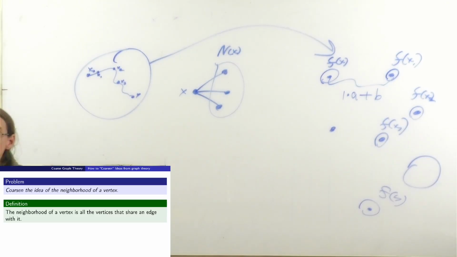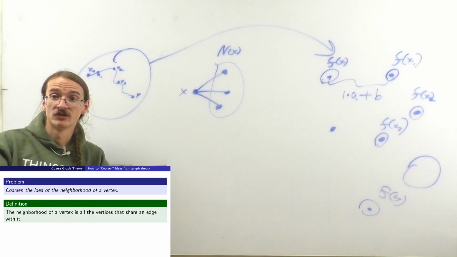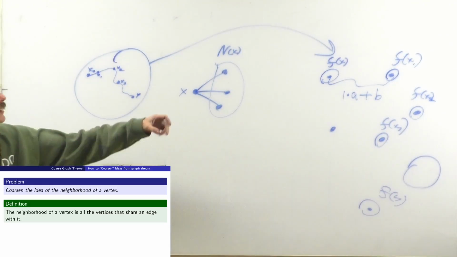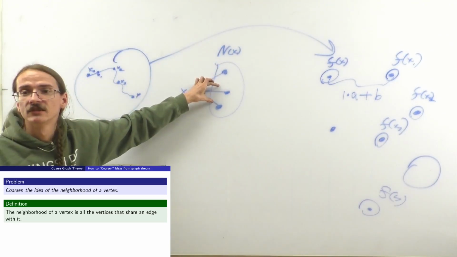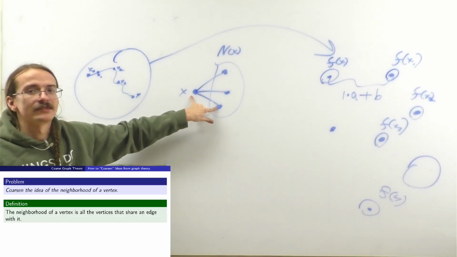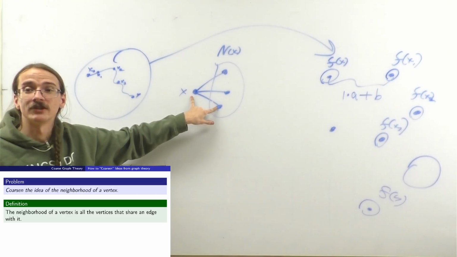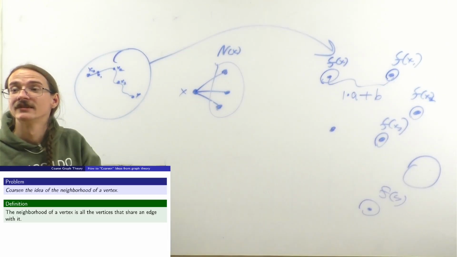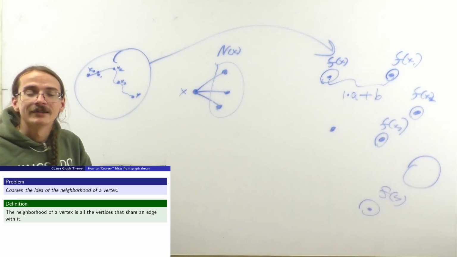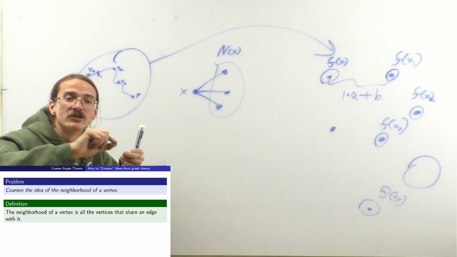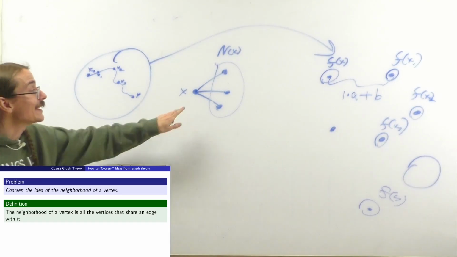But our goal is to turn that into a metric condition. Somebody shout to me, what is the metric condition for a vertex to be in the neighborhood of x? It has to be connected by one. Yeah, there is an edge connecting them.